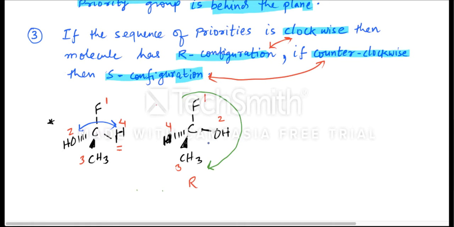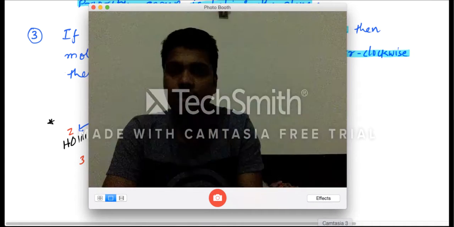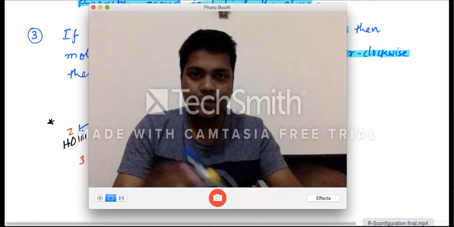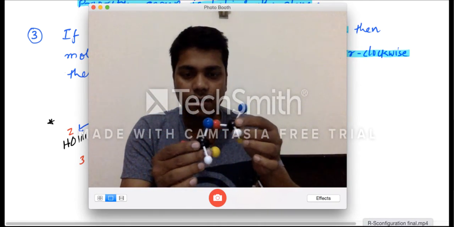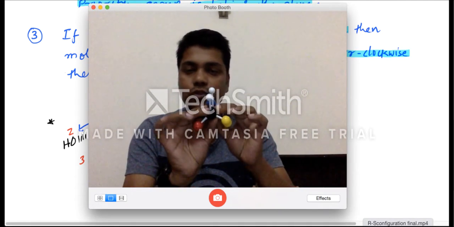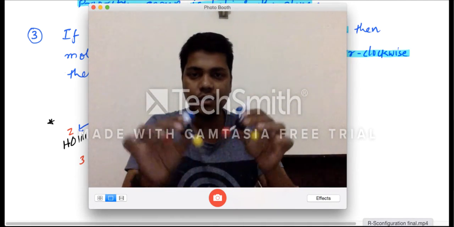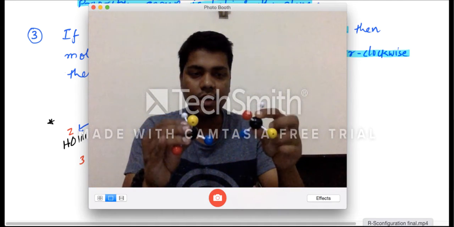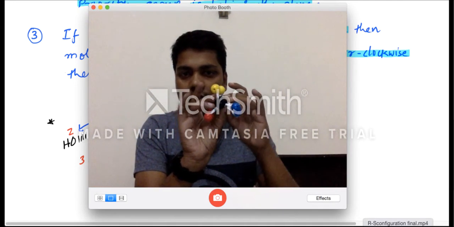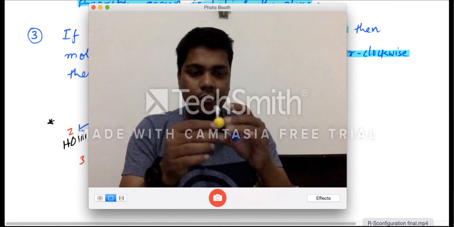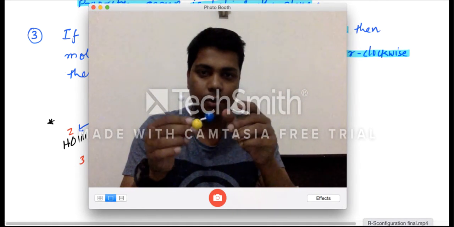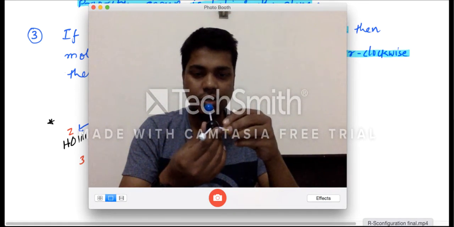If this molecule has R configuration, then what will be the configuration of the original molecule? We can understand this with the help of a model. If we check, these two structures represent the same molecule. They are completely superimposable on each other, correct? Now I'm taking one of these and exchanging two bonds by breaking two bonds.